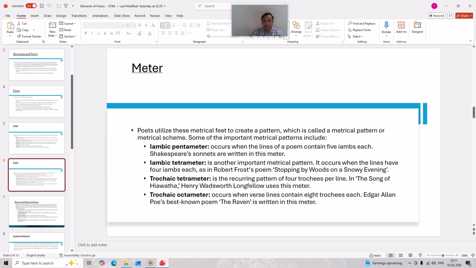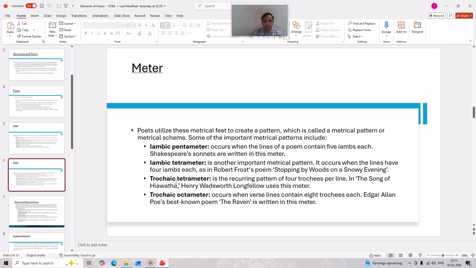If we find iambic tetrameter, then the poem most probably might be a lyric written by an American poet like Robert Frost and others.